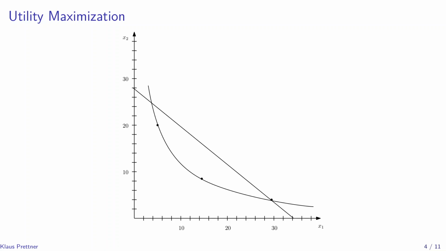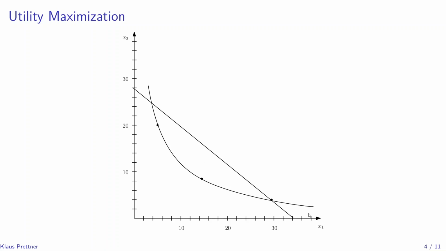The next thing that we need is a description of the preferences of the consumer. And we can do this with the indifference curve, where I depict one of the possible indifference curves here. We know along this curve, the consumer is indifferent between all the consumption bundles that it can choose from along this curve. Now, a consumption bundle here would not be feasible. It's outside of the budget set.